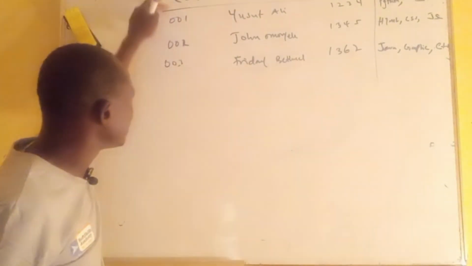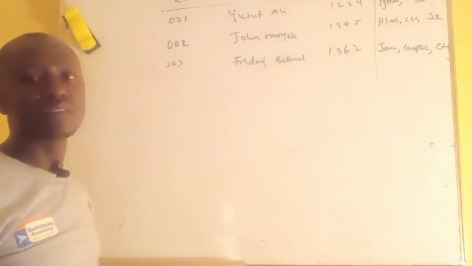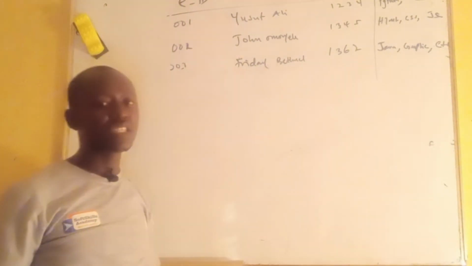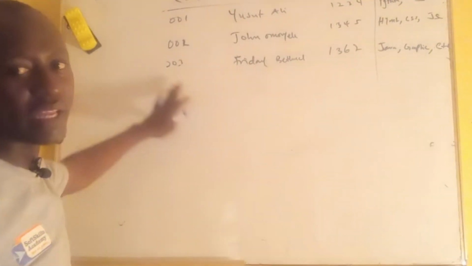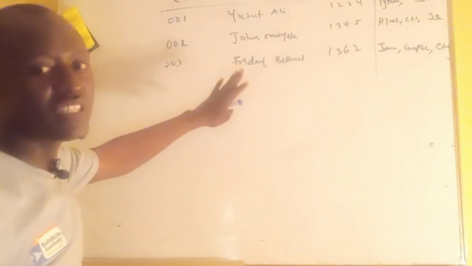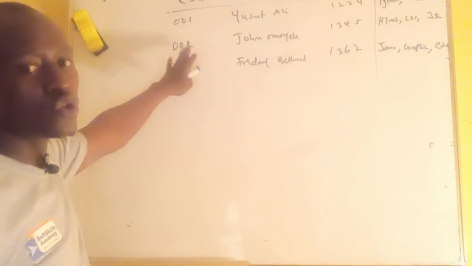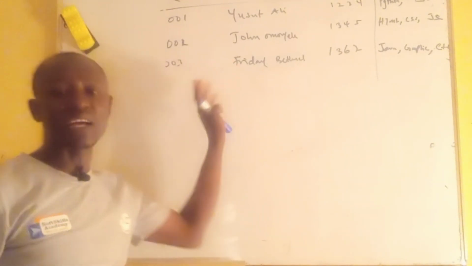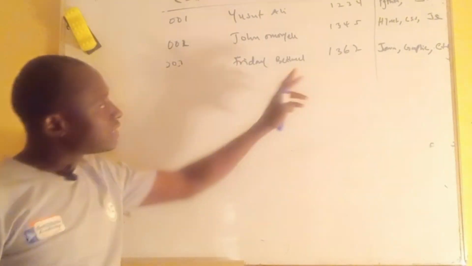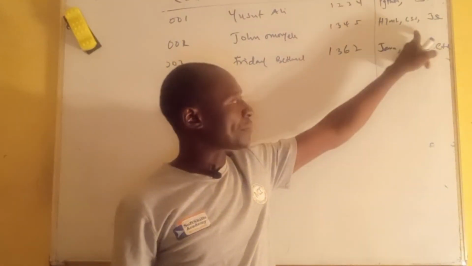The second one, they should be of the same domain, right? So if we look at this very well, there is a comma separating these values.